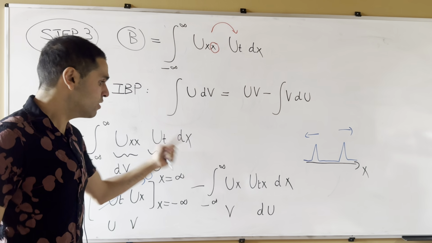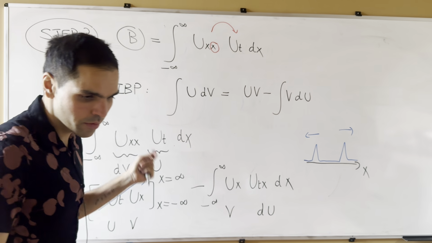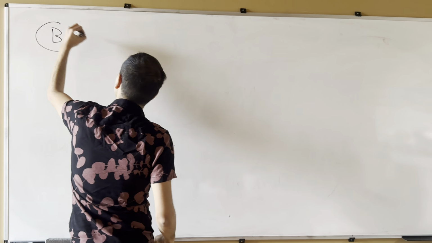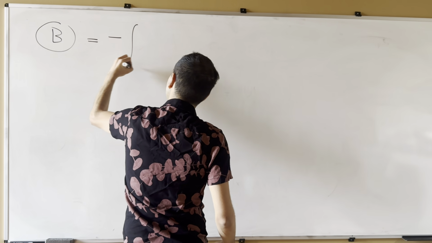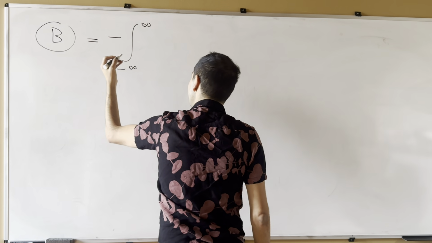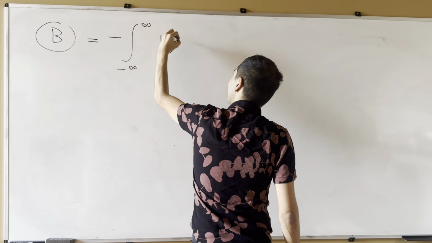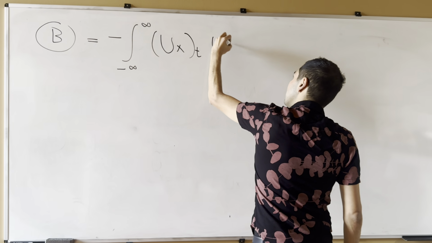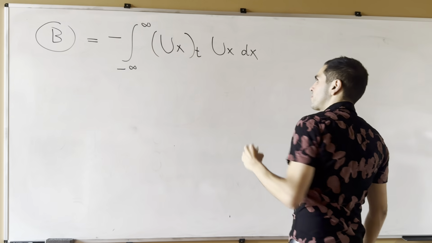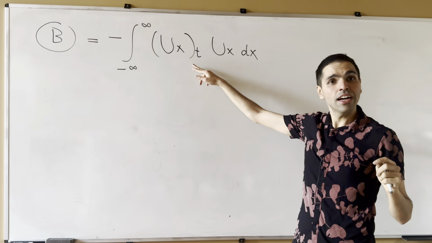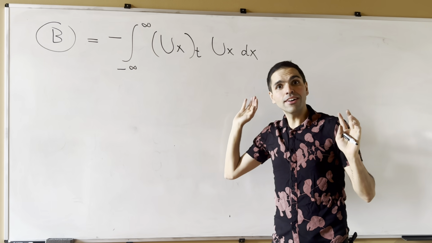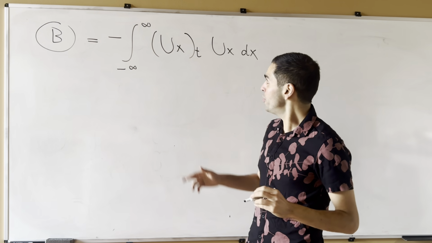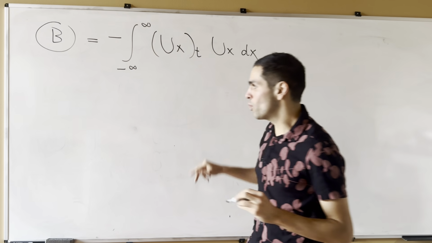And using that, we can simplify B. And so in this case, B just becomes minus the integral from minus infinity to infinity of, and I'll write it in a more suggestive way, uxt times ux dx. And the reason I wrote it in this way is because once again, we can use the calculus fact from the previous step to write this as one derivative.